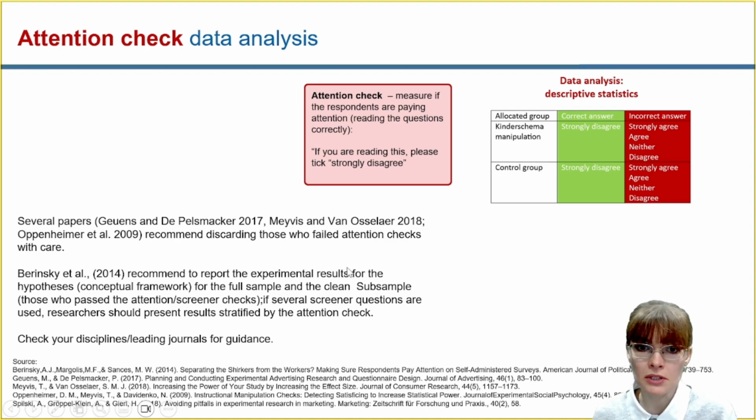If several screener questions are used, researchers need to present results stratified by the attention check. So, what this whole academic discussion is calling for is discretion and a lot of care when we deal with inattentive respondents. And I would also encourage you to check your discipline, your leading journals for guidance when dealing with people who didn't pass your attention checks.